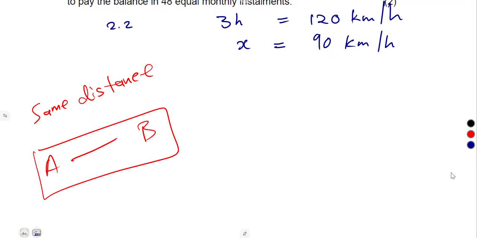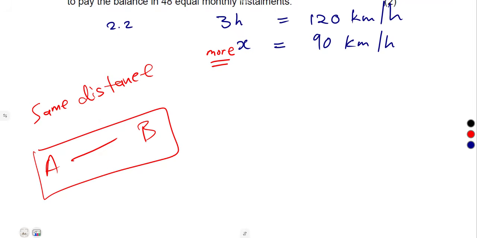The lesser the speed, the more time that you're going to take to cover the distance. Someone is moving at 120 kilometers per hour, and you are moving at 90 kilometers per hour. You are going to take more time compared to the one traveling at 120.